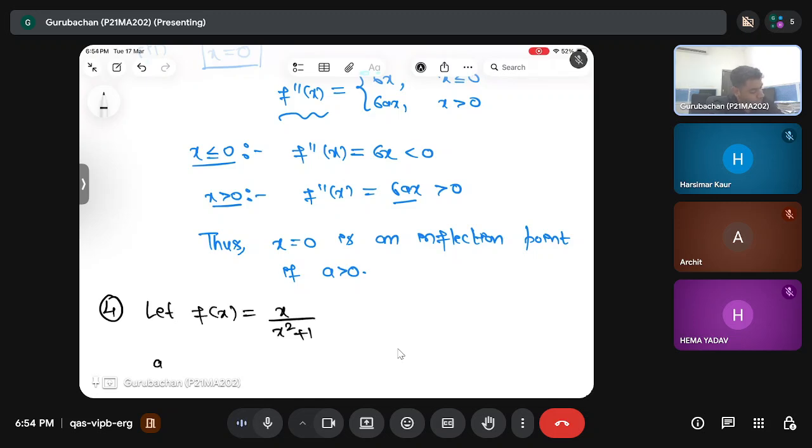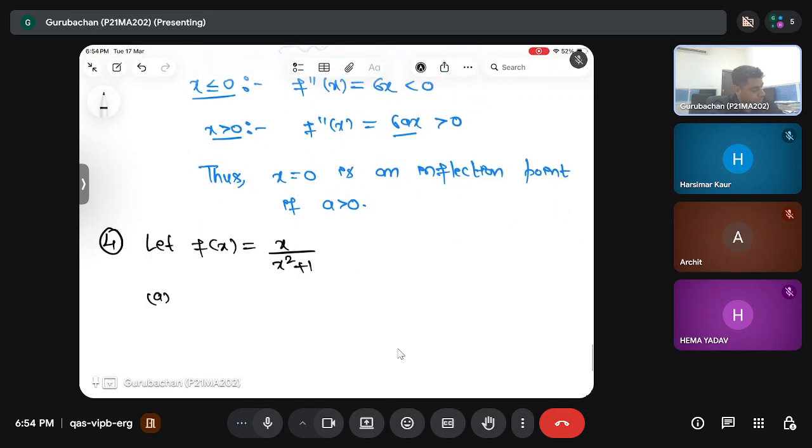So the first part is: find the intervals of concavity. The simple thing is that.